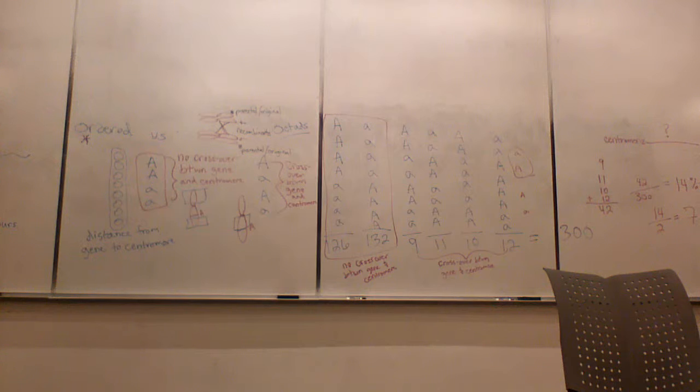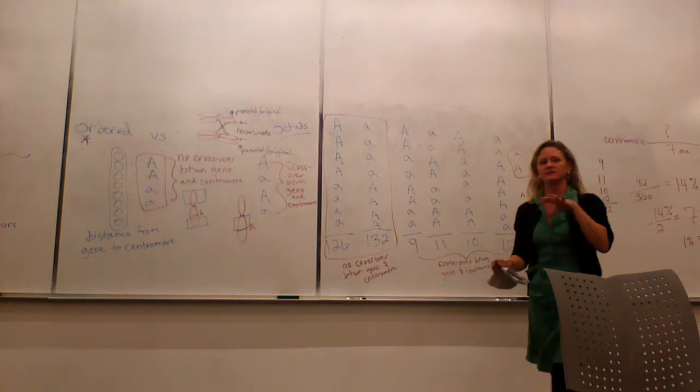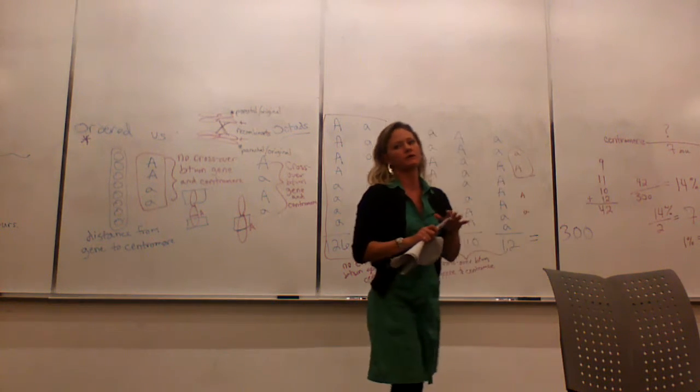All this just to find out that this is 7 map units between the centromere and the gene. So the percent disappears as well? Well, you have a 1-to-1, so 1% is equal to 1 map unit. You can convert it to map units the same way we did with the 3-point cross.